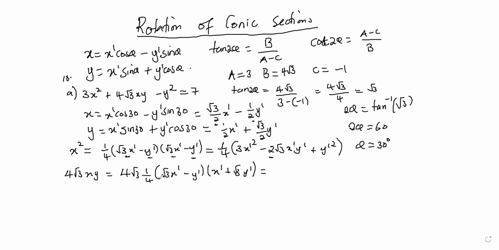So the 4s will take care of each other, and we remain with the root 3 outside. Then root 3 by x there, so we'll have root 3 x prime squared. Then root 3 by root 3 will be plus 3 x prime y prime, and then minus x prime y prime, and then minus root 3 y prime squared.